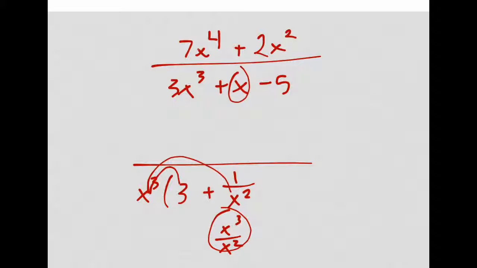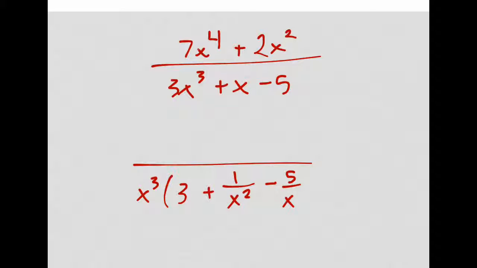That just gives me regular x. So that's how I know I'm doing it right. That's how I know I can force factor that stuff. And then we have minus 5 over x cubed. Again, if I distribute this back in, I get negative 5, because they cancel on the bottom, like x cubed times 5 over x cubed. They cancel. That's a multiplication. And then it leaves me with negative 5. Okay, so that's that.